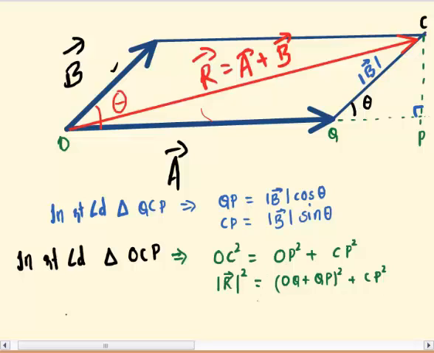Now we can write OQ is equal to modulus of A and QP is equal to modulus of B cos theta, and this is squared, plus CP square. CP square can be written as modulus of B sin theta and square of that.